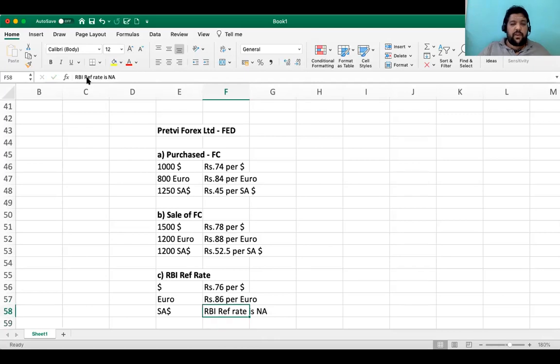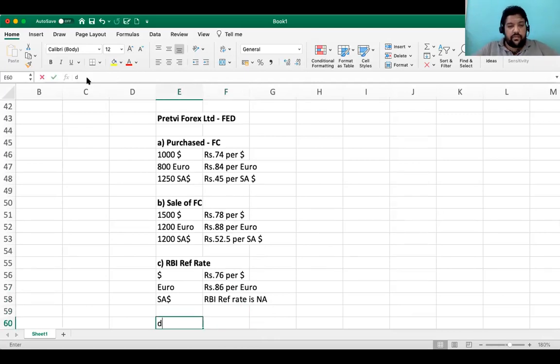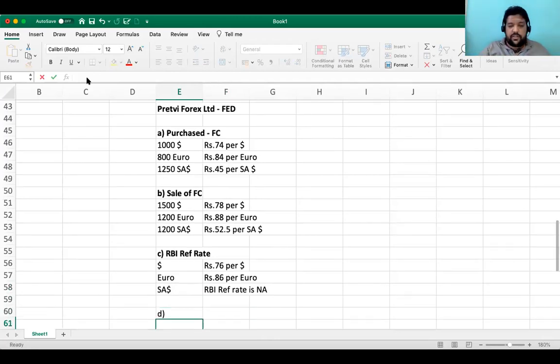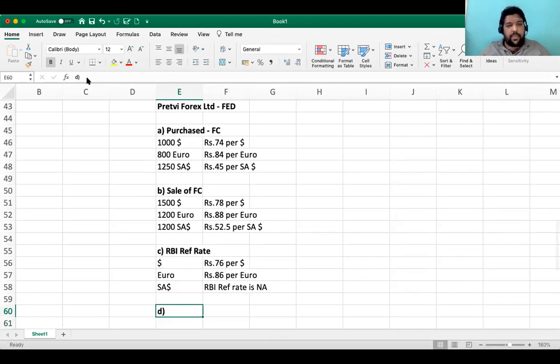So that is the 3 points that you will write for your C. If you are done with that, we can move forward towards the last line item.